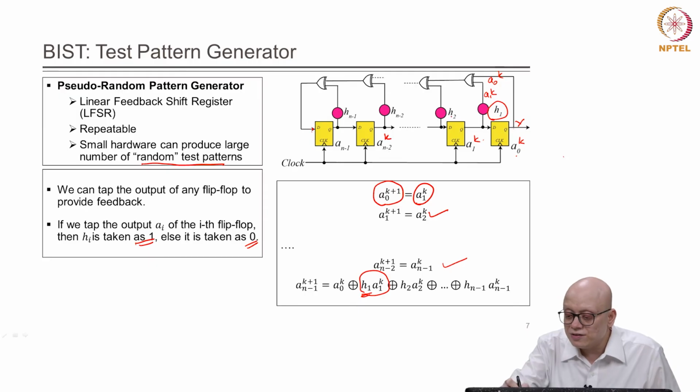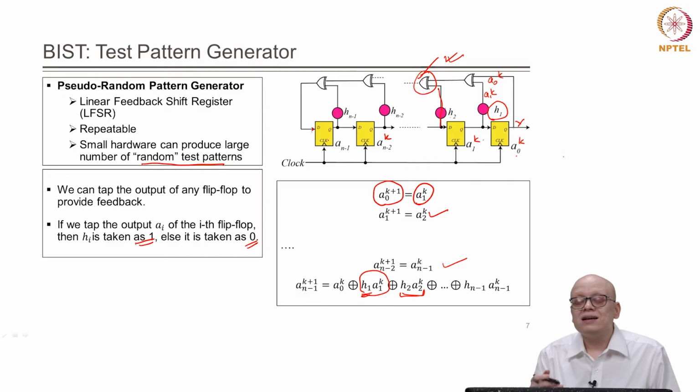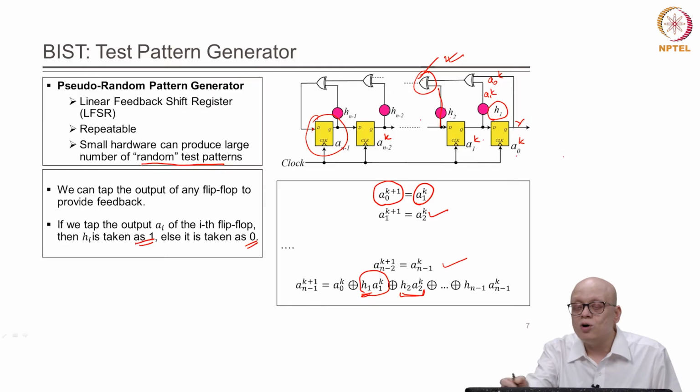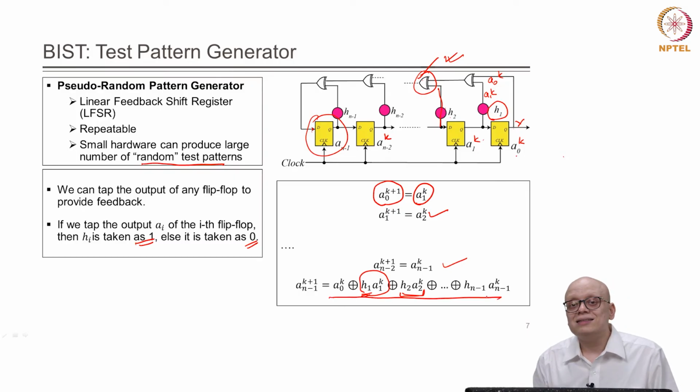Similarly, if H2 is connected, or this XOR gate exists, then this XOR gate will contribute the term H2 A2k, and so on. The last flip flop, An-1, is receiving the feedback from all other state elements, and the feedback value is the value produced by this logic consisting of XOR gates.